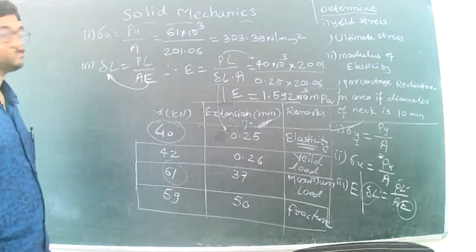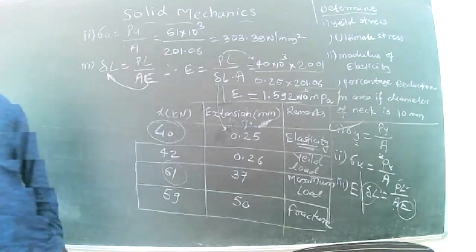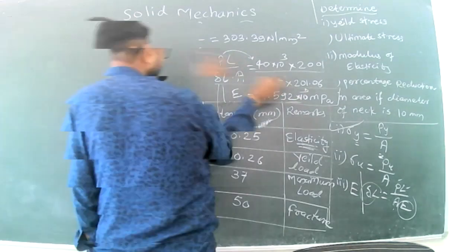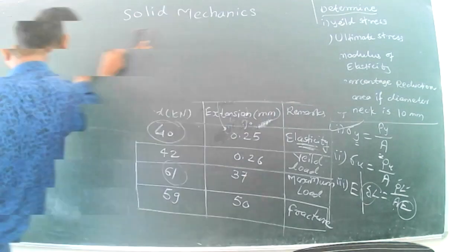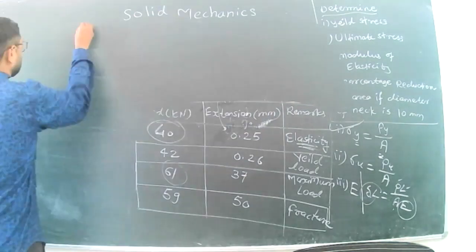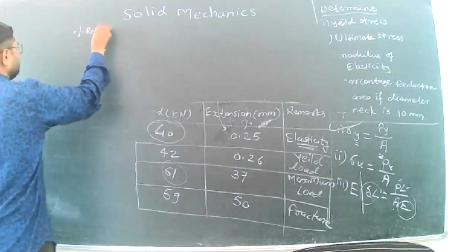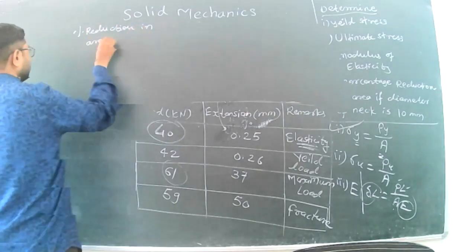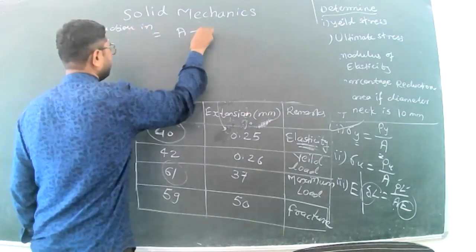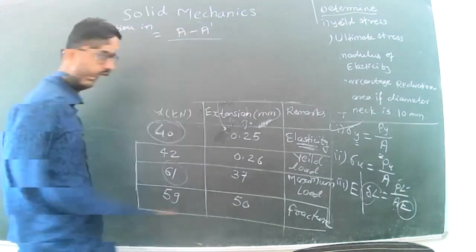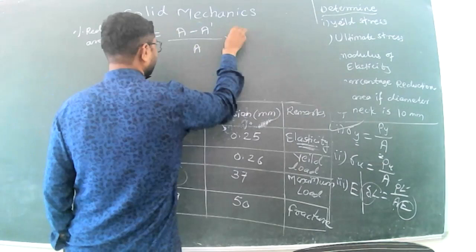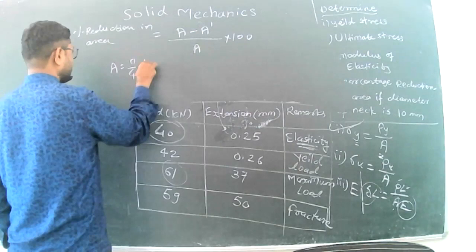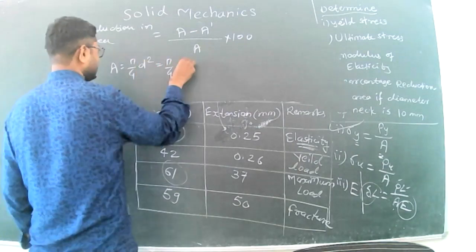And last, the fourth, percentage reduction in area. How to find percentage reduction in area? The formula is original area minus reduced area upon original area into 100. Original area is pi by 4 d square, means pi by 4 into 16 square.